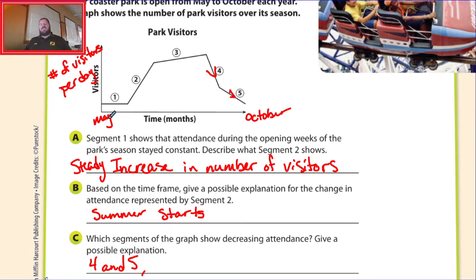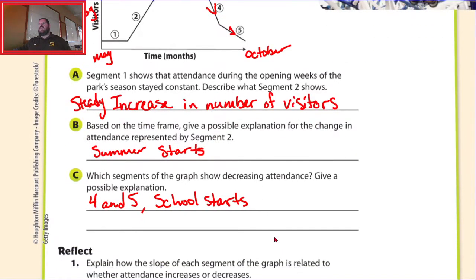Again, thinking this is May and this is October, it goes May, June, maybe July, maybe this is August, maybe even into September. I would say maybe that school starts. So you have fewer people going during the days because school started.